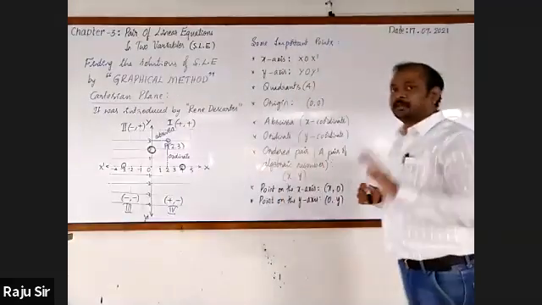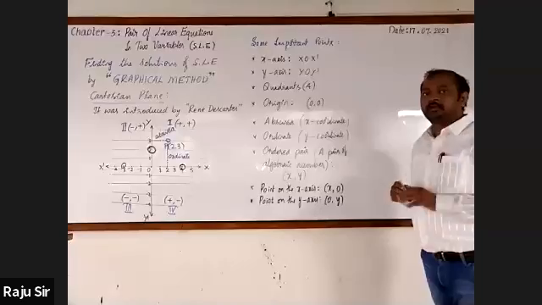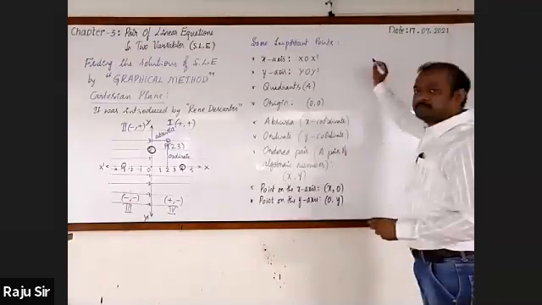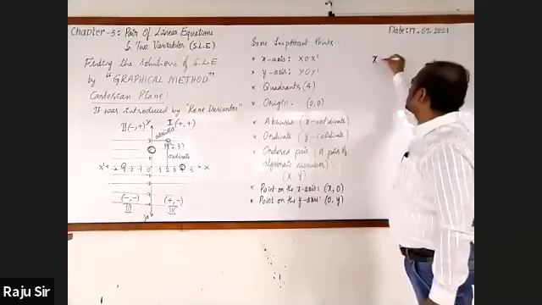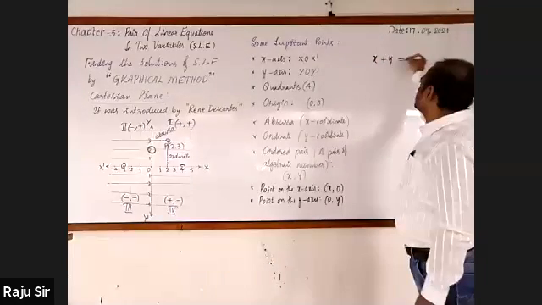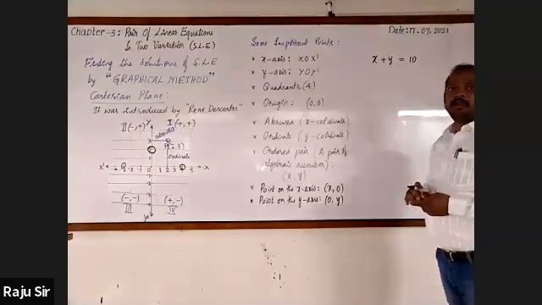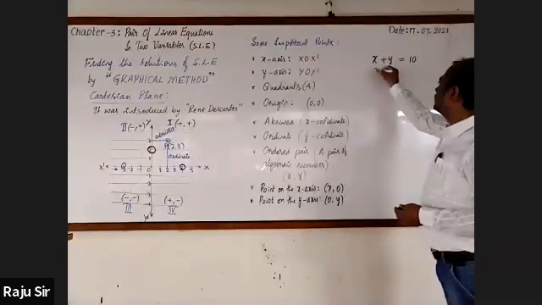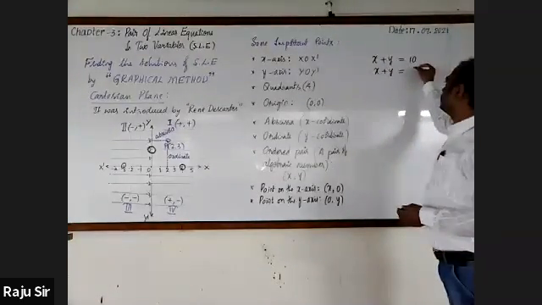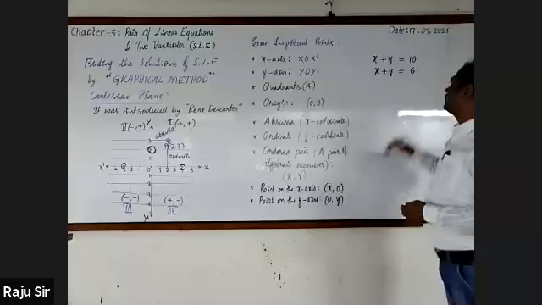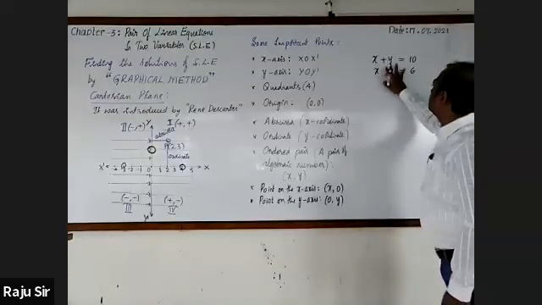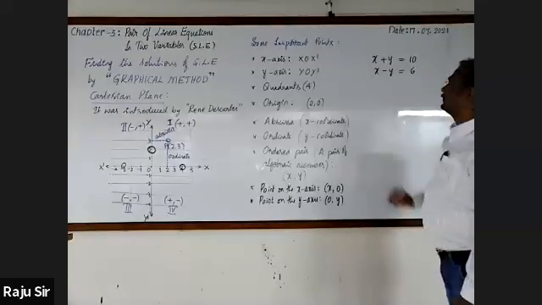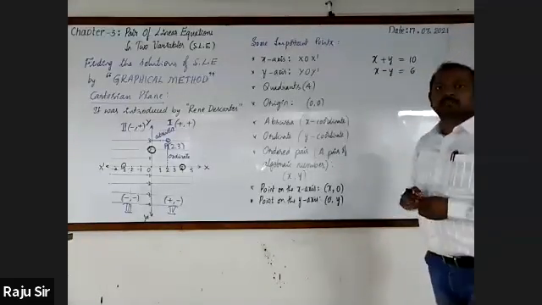I'll take an example. Please don't go for copying. I'm taking a very simple example only for the sake of explanation: x plus y is equal to 10, and the second equation x minus y is equal to 6.